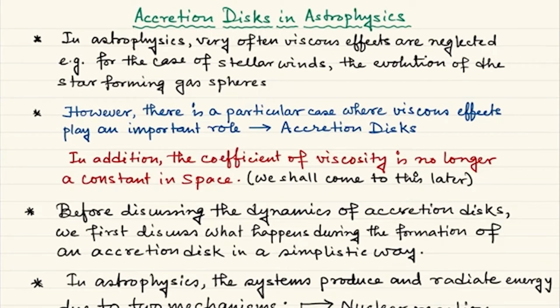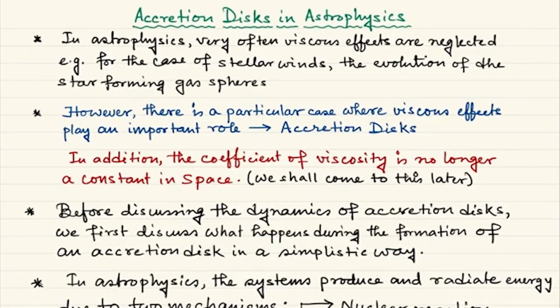But before discussing this dynamics part, we first try to understand what happens during the formation of an accretion disk, and very primarily why an accretion disk is formed. That we will try to discuss in a very simplistic way.